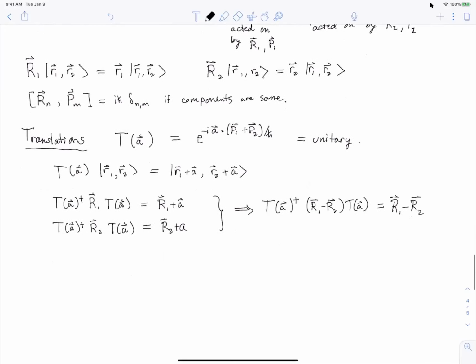Okay, and then just for the record, if you do this to momenta, T_A dagger P1 T_A, that does nothing because the momenta always commute with each other. And so this just gives you back P1, and similarly for P2.